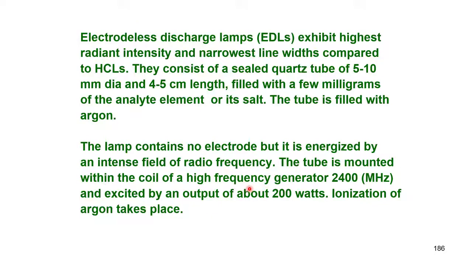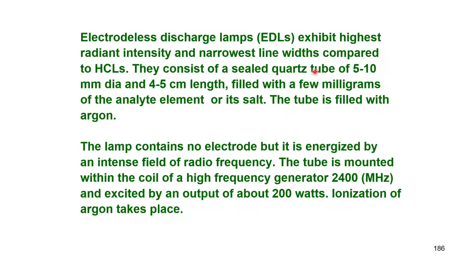This is known as electrodeless discharge lamp because there are no electrodes, and these exhibit the highest radiant intensity and narrowest line widths compared to hollow cathode lamps, because basically the salts ionize and then they pick up the electrons from the neon or argon glow discharges.